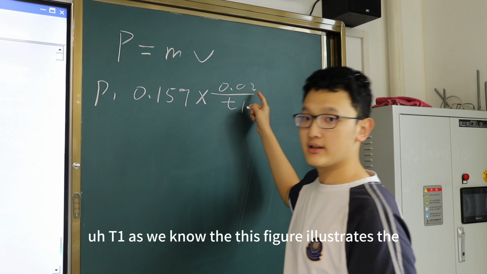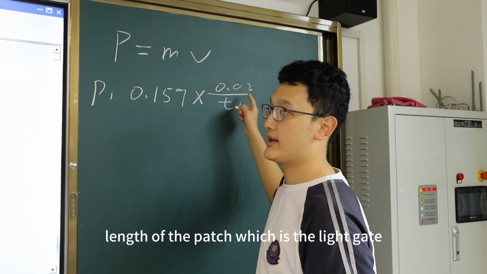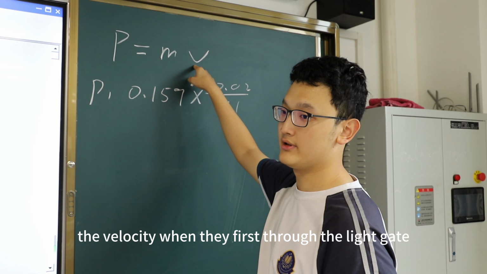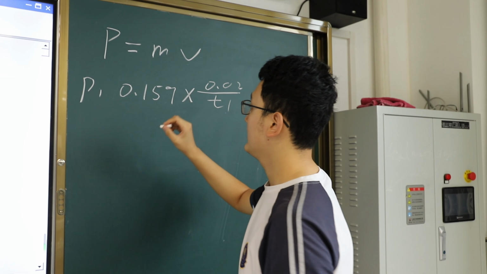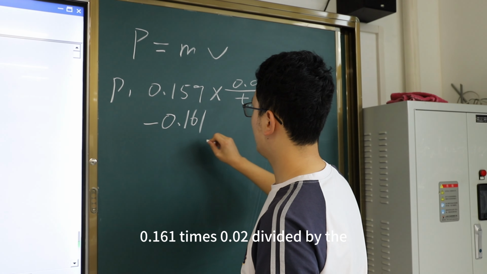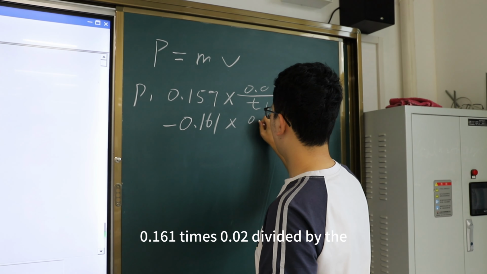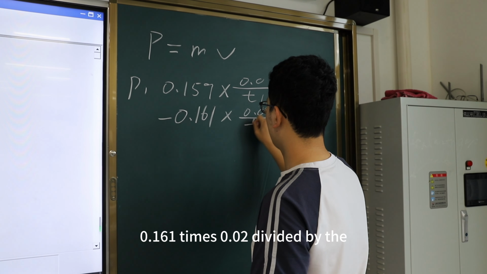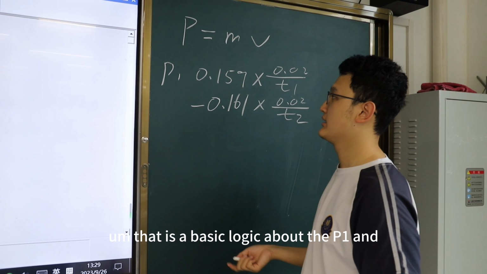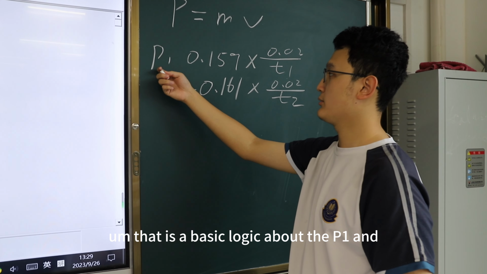This figure, 0.02, is the length of the path through the light gate, divided by the first time, which gives the velocity through the light gate, minus 0.161 times 0.02 divided by T2. That is the basic logic of P1.